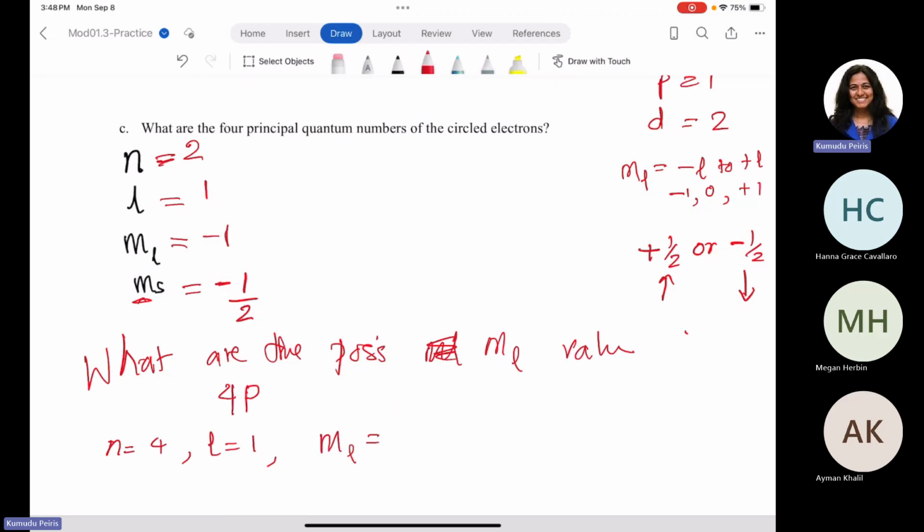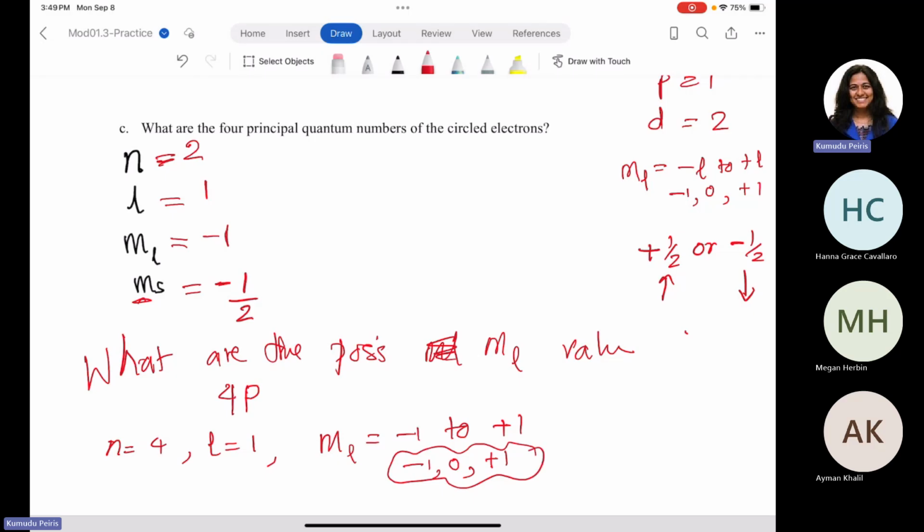ML can have -1 to +1. So there are three different values that ML can have for an electron in a 4p orbital: -1, 0, and +1. Okay, so three possible values.